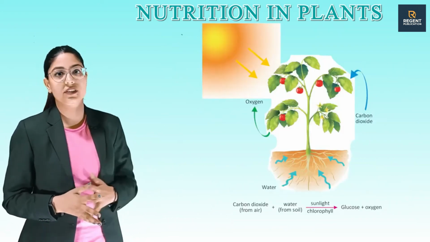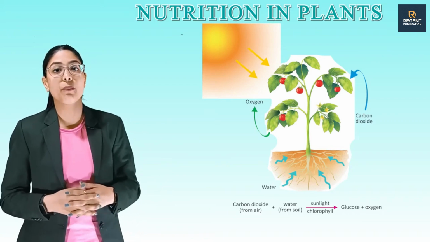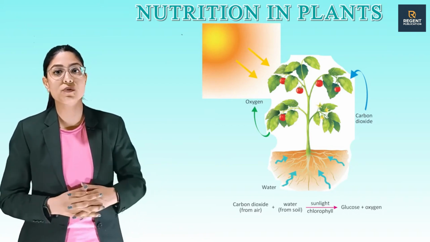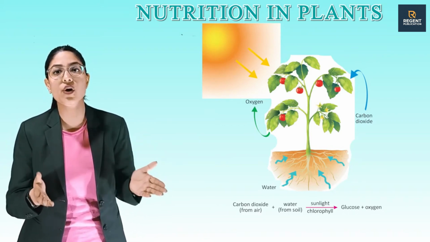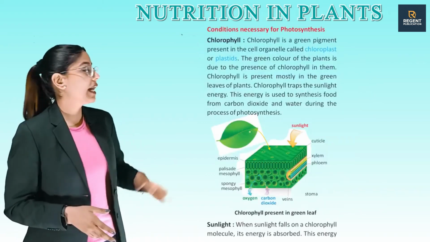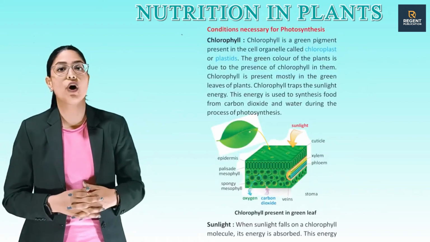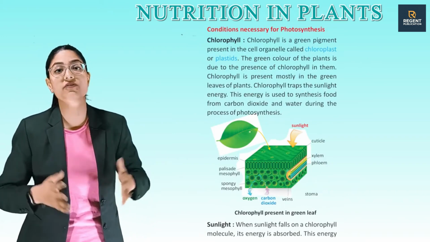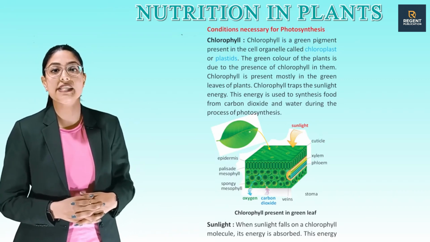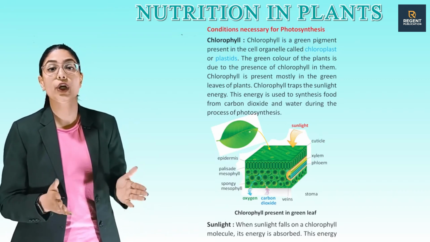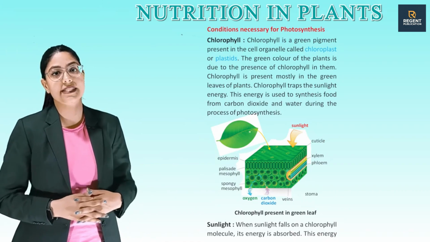See this equation. Carbon dioxide from air and water from soil, in the presence of sunlight and chlorophyll, gives you glucose and oxygen. Conditions necessary for photosynthesis. First one is chlorophyll. Chlorophyll is a green pigment present in the cell organelle called chloroplast or plastids.